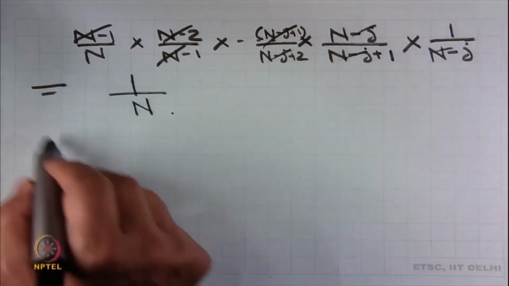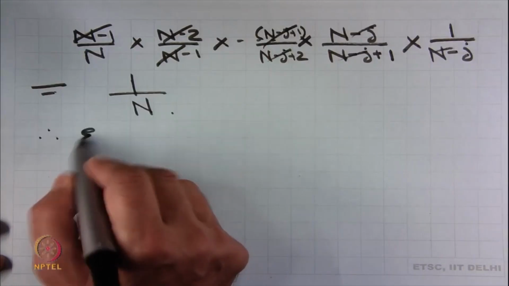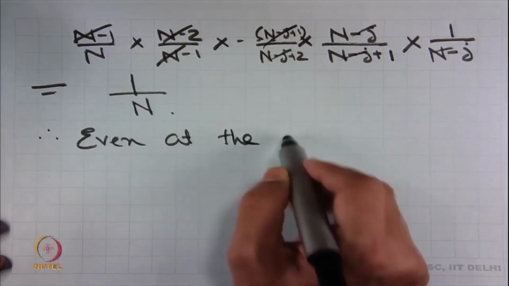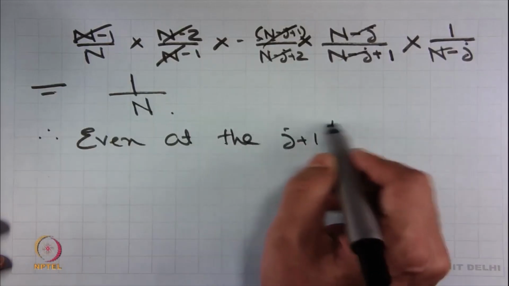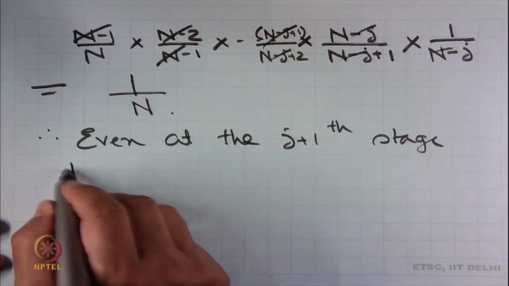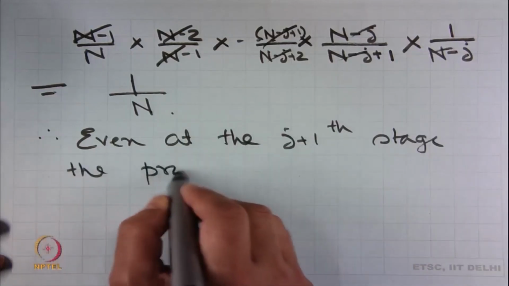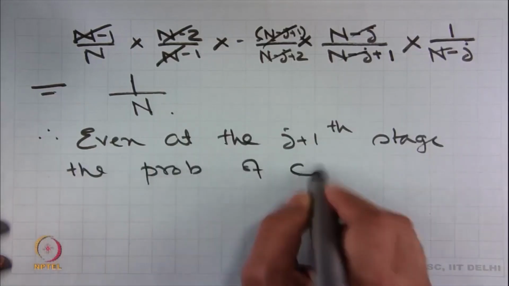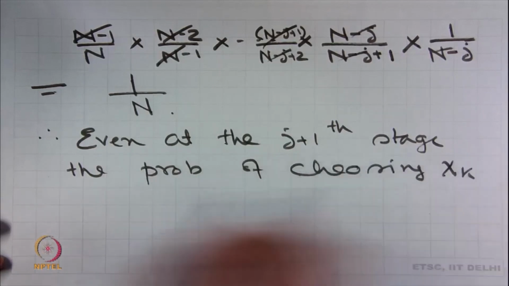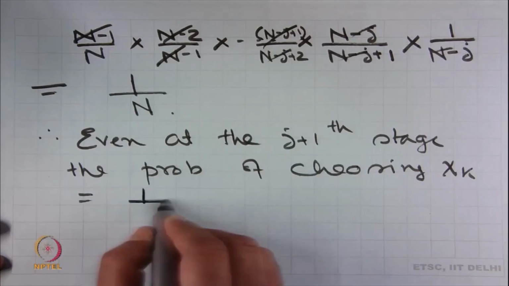Therefore, even at the j plus 1th stage, the probability of choosing x k is equal to 1 upon n.